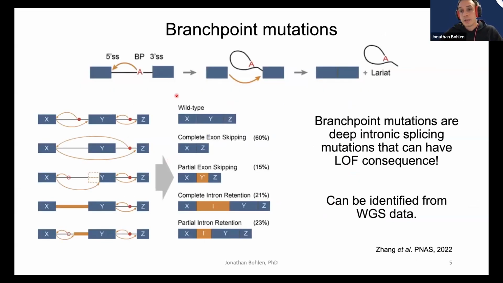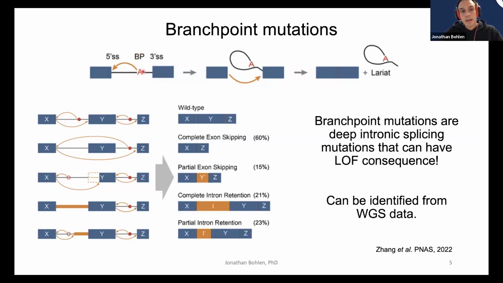Okay, another type of mutation that has also been briefly mentioned by a previous speaker, and that I want to talk a little bit about because I think they don't get a lot of attention, are branch point mutations. These are mutations that impair the splicing of the pre-mRNA that is synthesized from the affected gene.